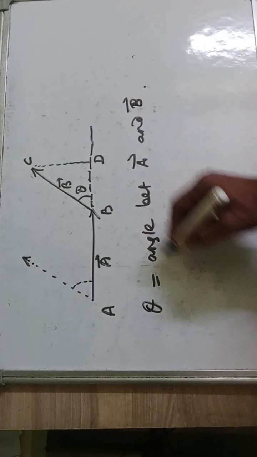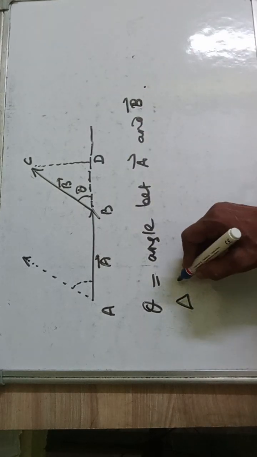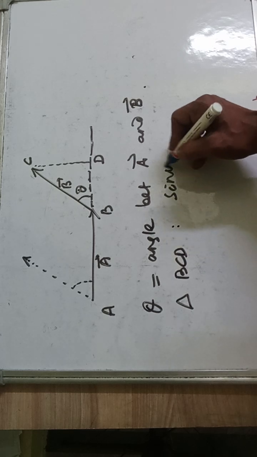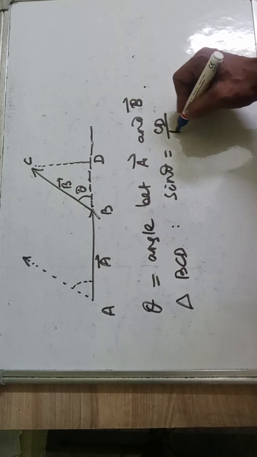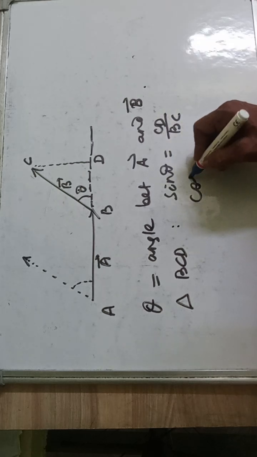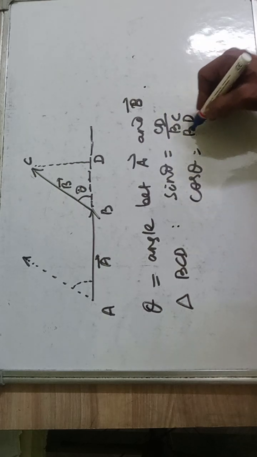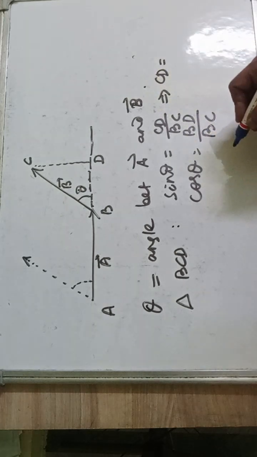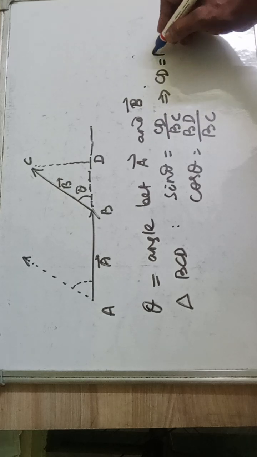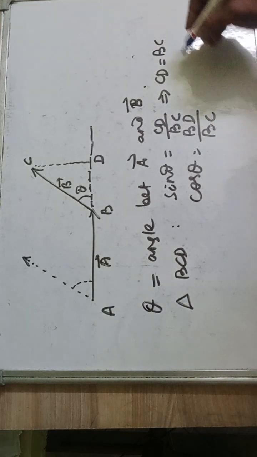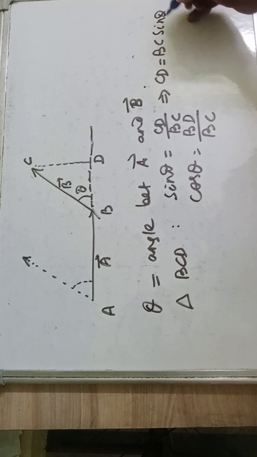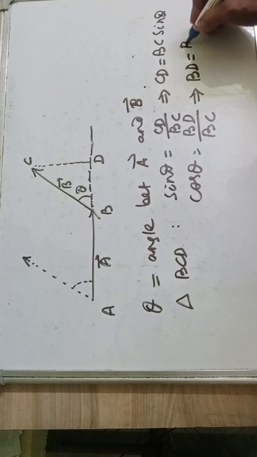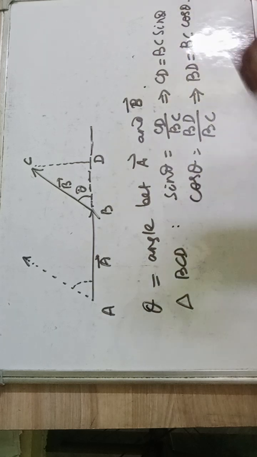Then from the triangle BCD, we get sine theta is equal to CD by BC, and cos theta is equal to BD by BC. This implies that CD is equal to BC sine theta, and BD is equal to BC cos theta.